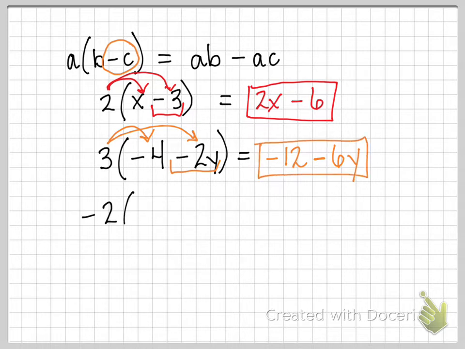All right. Let's do another one. Okay, watch what happens here. -2 times the quantity 2x minus 1. We'll start by distributing in that -2 times positive 2x, which gives us what? What's our first term? -4x. Good.